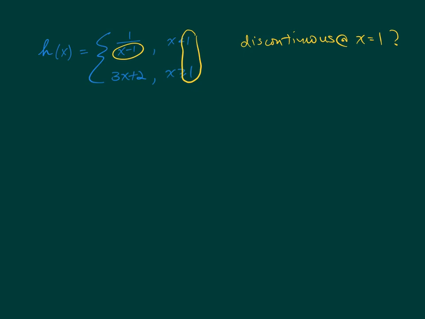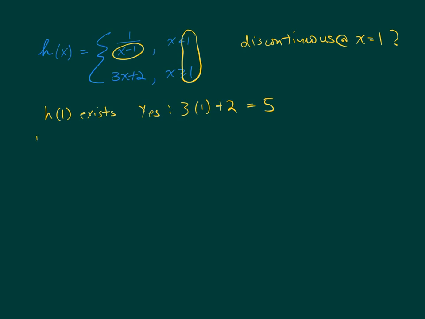We need to know if h of 1 exists. And yes, it does exist because when x is 1, down here in the bottom, x is greater than or equal to 1, we can directly substitute that 1 in here. 3 times 1 plus 2 gives a y value of 5. So yes, h of 1 exists.